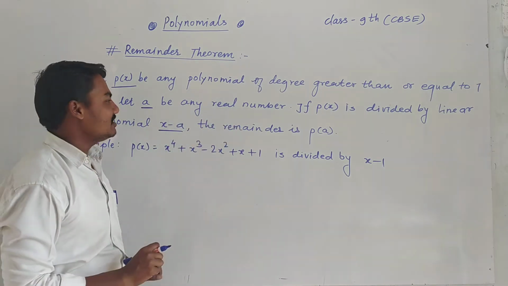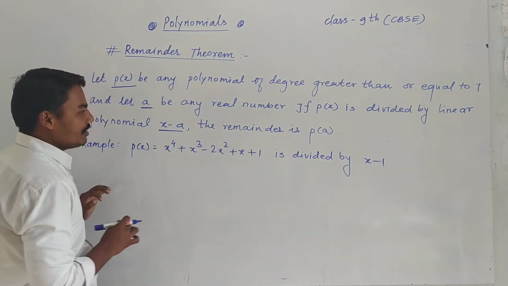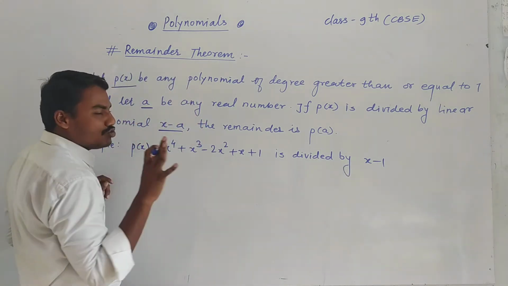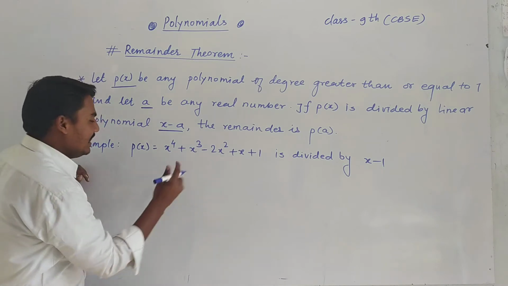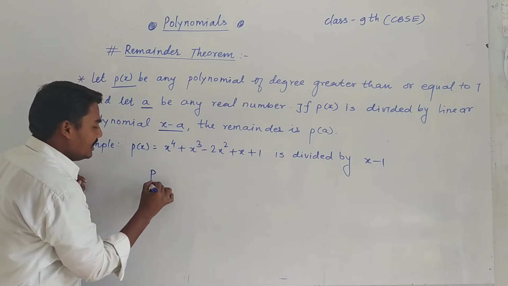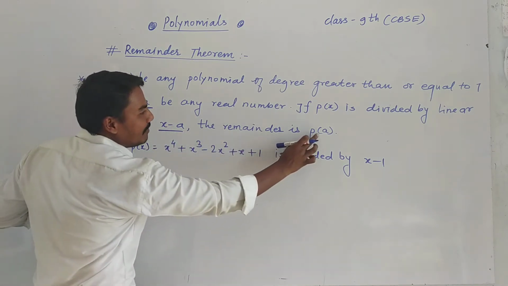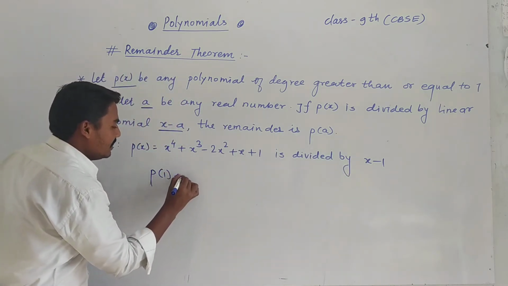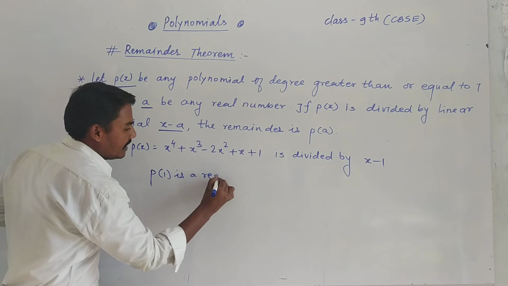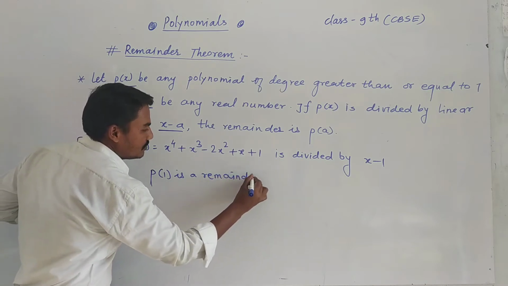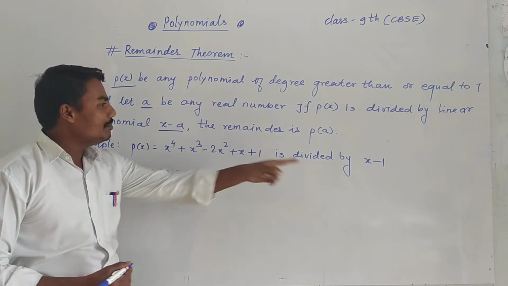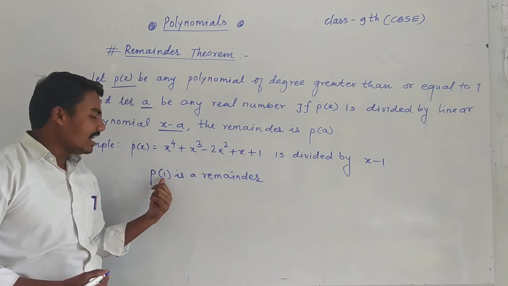In that case, if this polynomial is divided by x minus 1, the remainder is p of a. P of a means p of 1, since the value of a is 1.